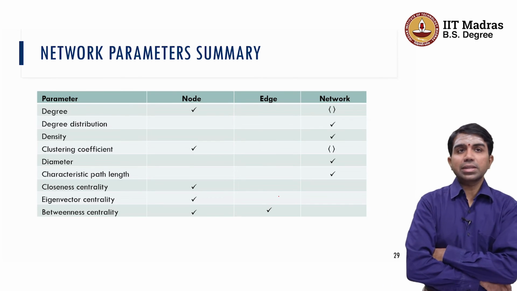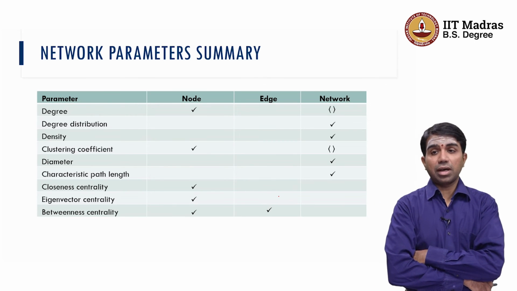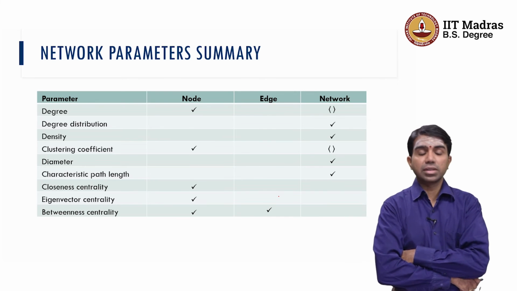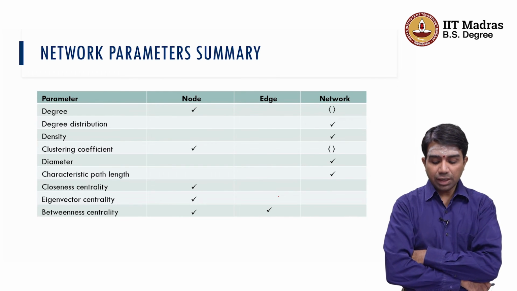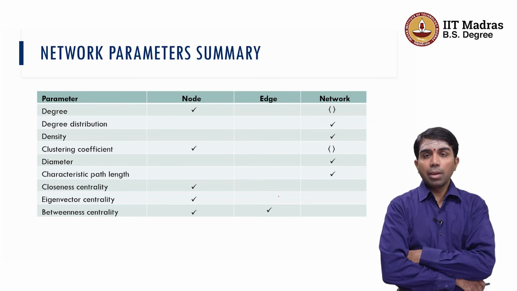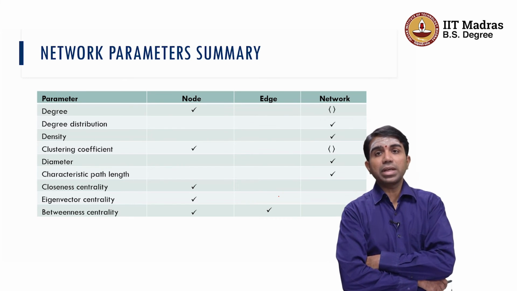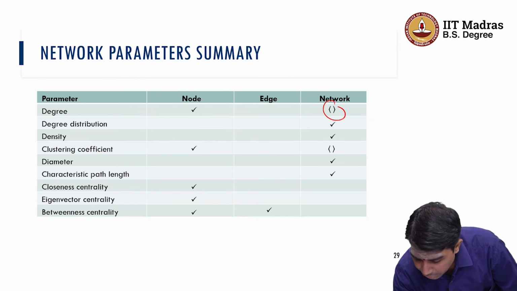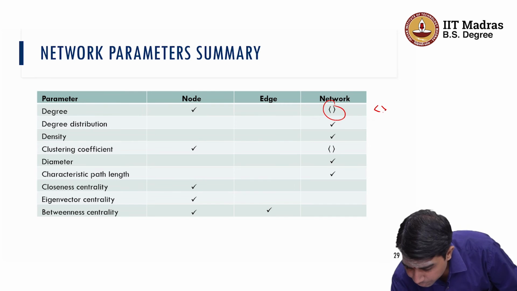So let us just quickly summarize all the network parameters or various indicators of network structure that we have discussed so far. First is degree, which is captured for a single node, but some of these parameters can also be averaged across a network, which is what I indicate with this symbol.